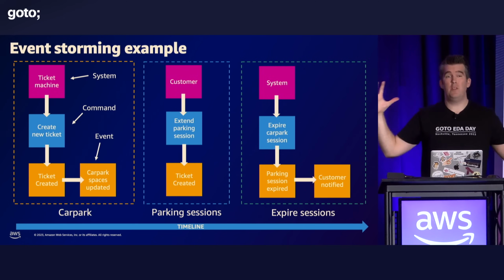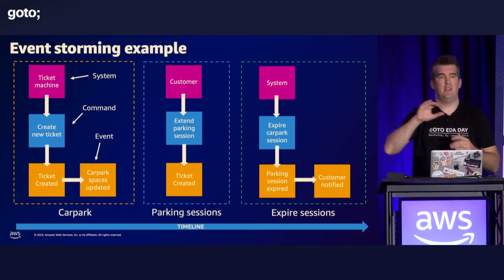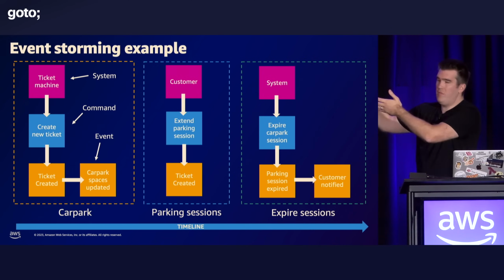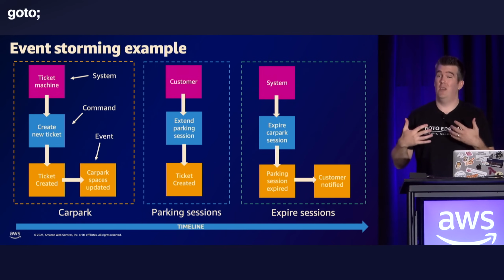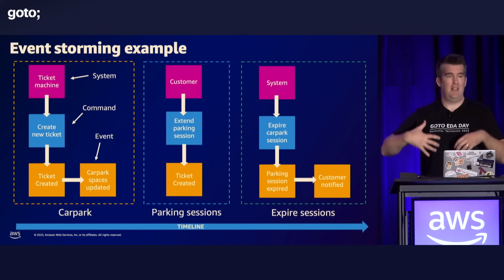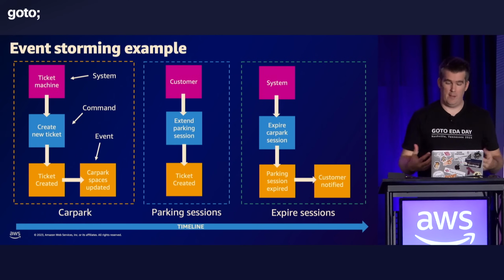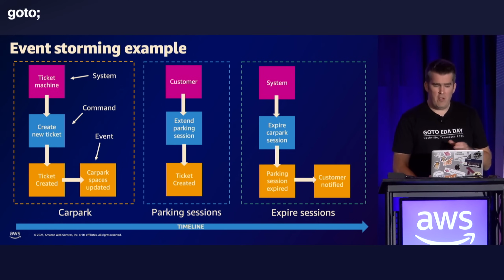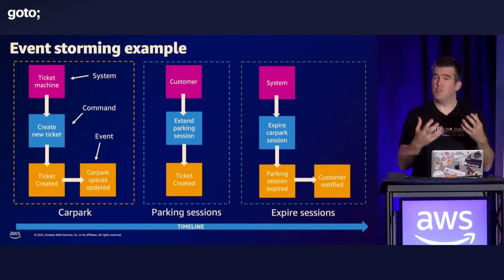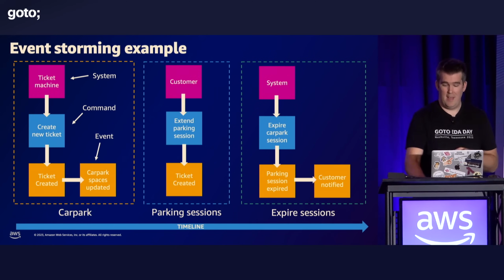Then we can group them up into boundaries, into domains, and map this over time. Everyone in this room could probably read this and understand what this ticket system should be doing. From this, we can map this into our domain models, inside our events, and start building. So I really recommend, if you're looking at starting an event-driven system or solution, event storming itself can really help.